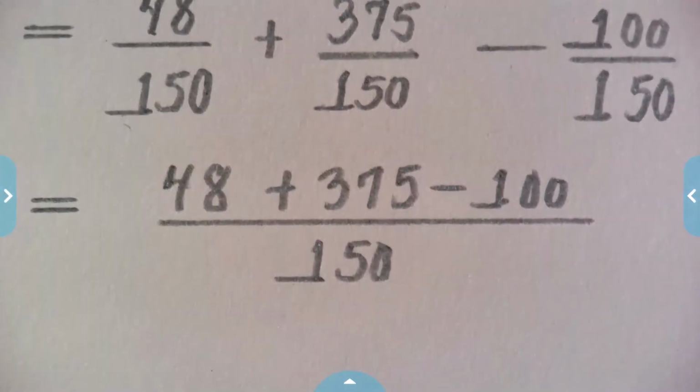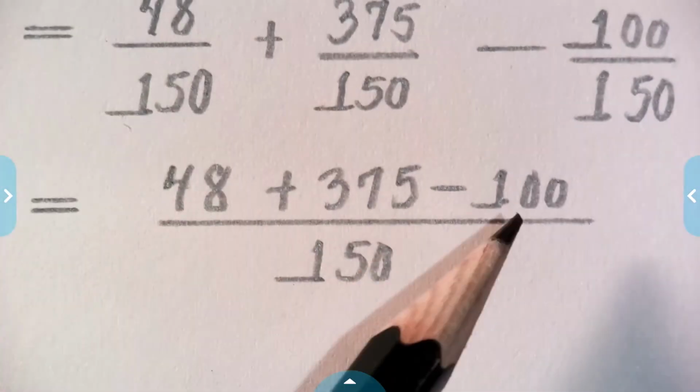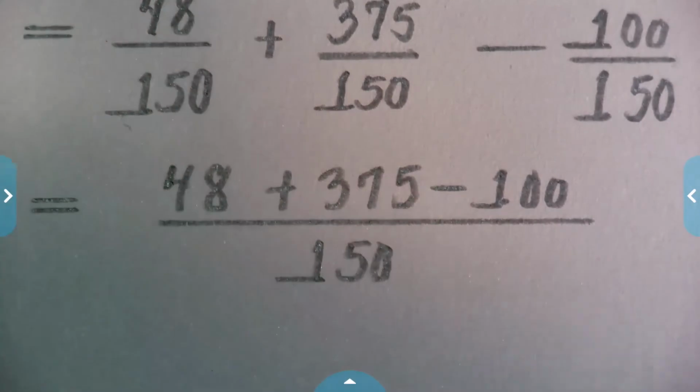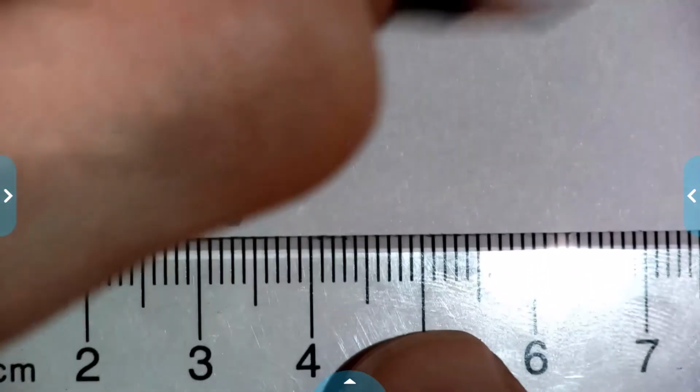Okay, and so what you want to do is work left to right in the numerator. So first thing, we'll add 375 and 48 over here in side work.